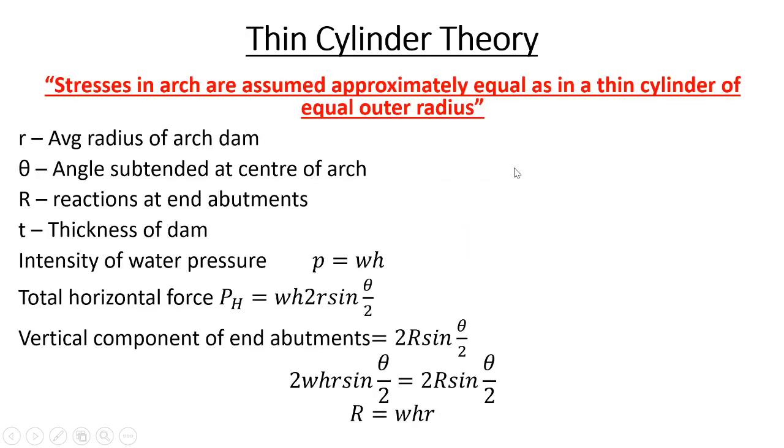The basic principle of thin cylinder theory is that the stresses in an arch are assumed approximately equal as in a thin cylinder of equal outer radius. I will read again, you follow me. Stresses in an arch are assumed approximately equal as in the case of a thin cylinder. That is why the methodology is called thin cylinder theory of equal outer radius.